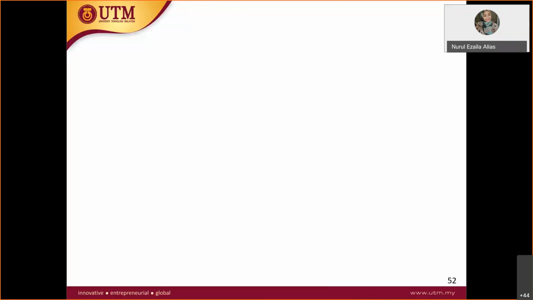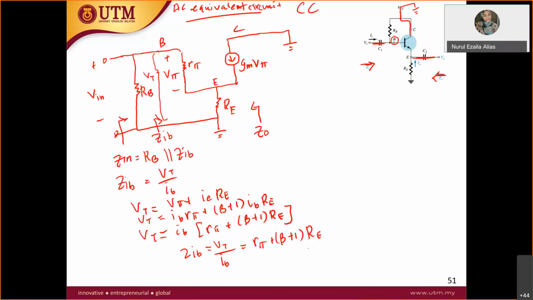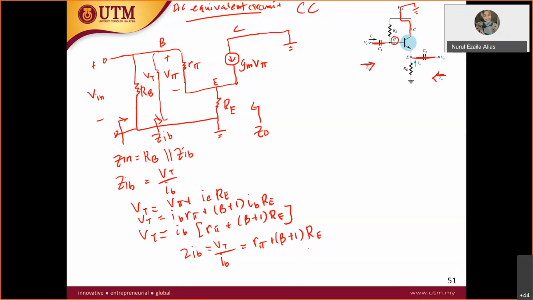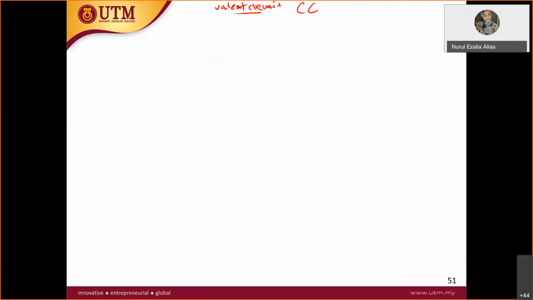Because, like in here, to find the Z out, actually we will replace this RE with V test. Okay, so if I draw it again here, so the circuit will look like this.